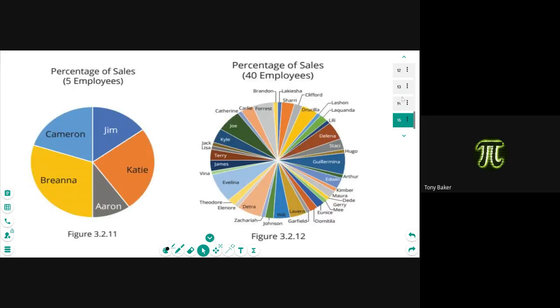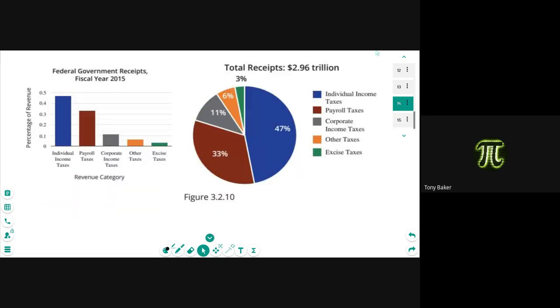Let's see if I can find the one I had earlier. The wackadoodle one with all, oh, I'll show you that one in a second. I want to find a nice one.